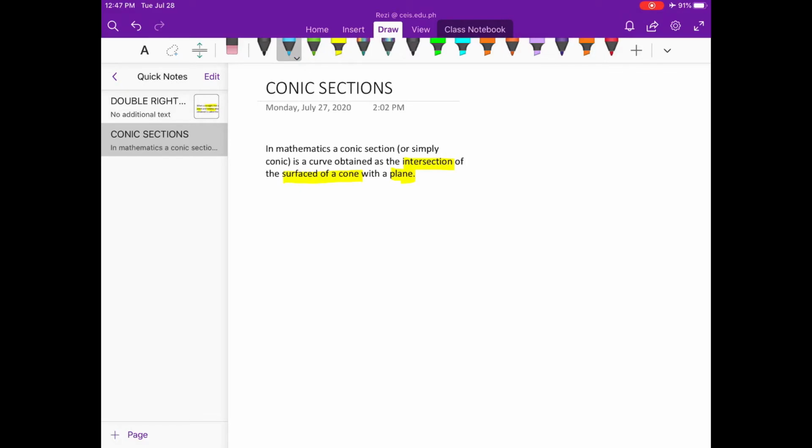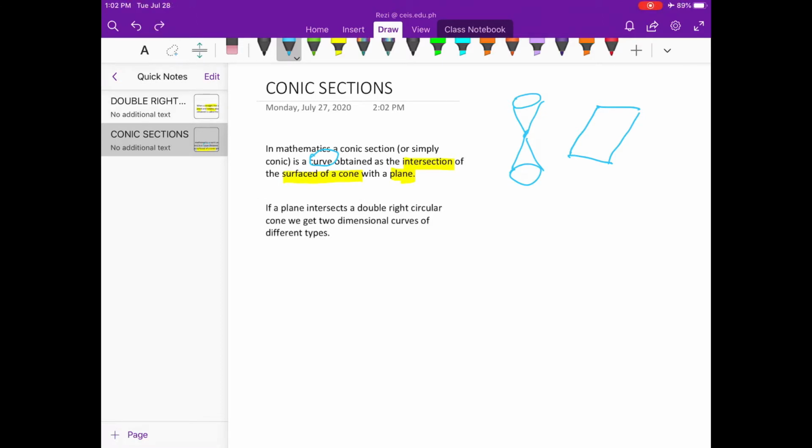Let's try to draw a double circular cone that I taught you last time, and a plane. If these two objects intersect, a curve will be obtained. That is a conic section.